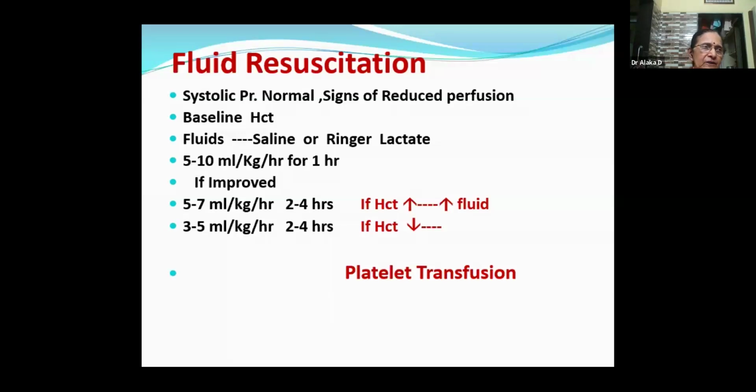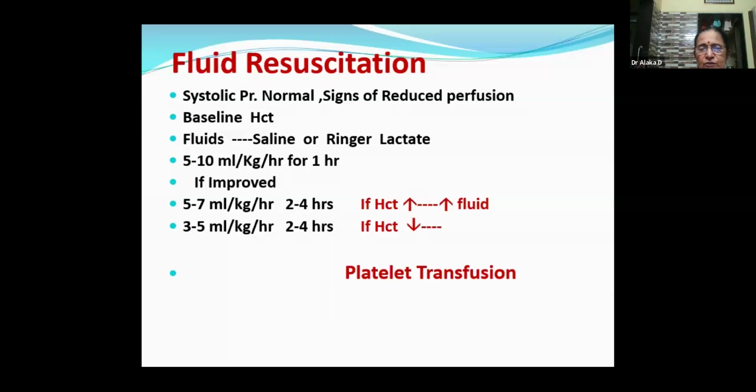In the last epidemic of dengue in Delhi, the Delhi Municipal Corporation or Delhi Health Authorities had issued a mandate that unless the platelets fall to 5,000, there is no need of transfusion. But to be on the safer side, and as per WHO definition and management, we should give platelet transfusion when the platelets are about 20,000 per cubic millimeter.